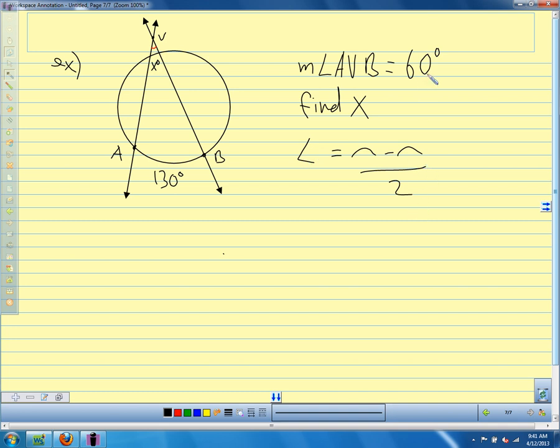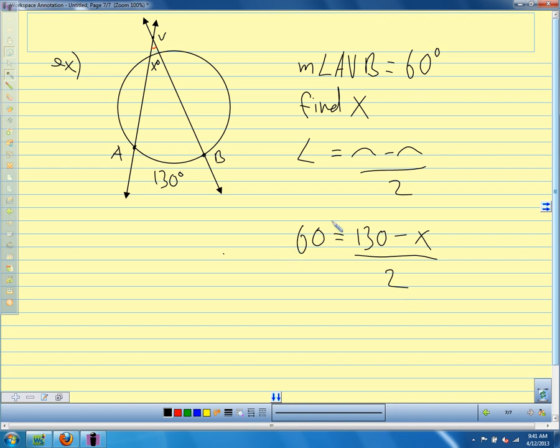Problem tells us the angle is 60 degrees. So I'm going to put that here for the angle. So 60 equals, and we said we want to start with the big arc. So which arc is going to be the big arc? 130 or x? 130. So we're just going to plug everything we know into our formula. 130 minus what's our other arc? X. And our formula says to divide by 2. Perfect.